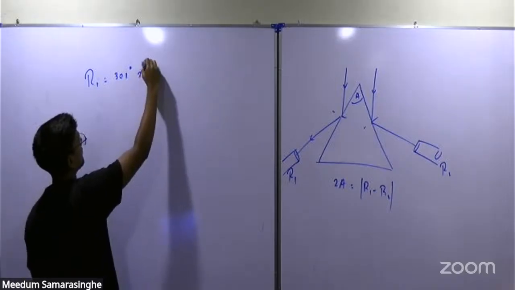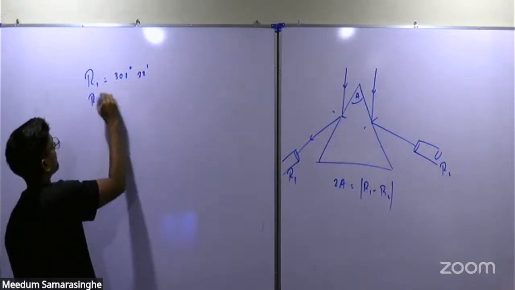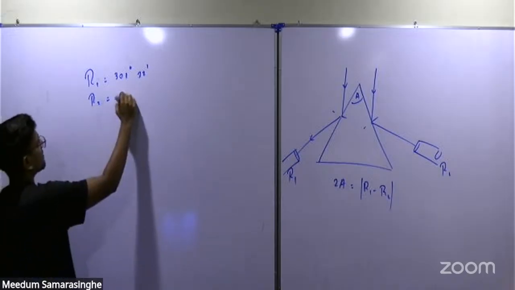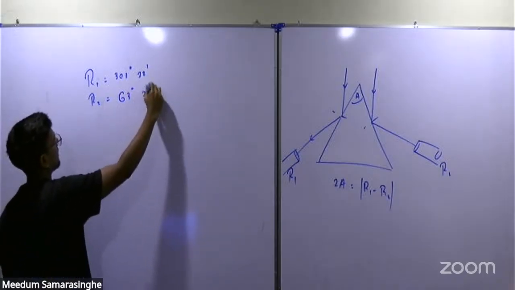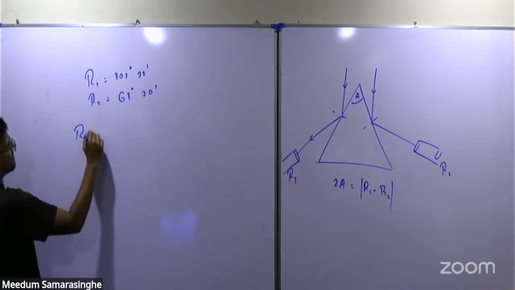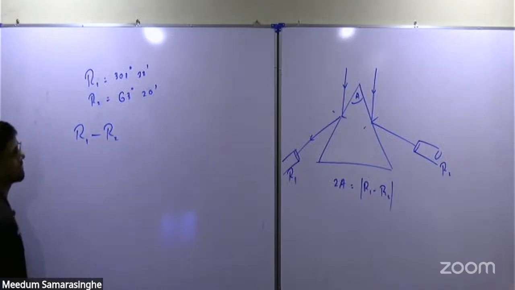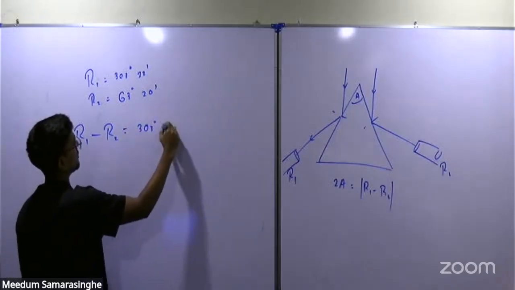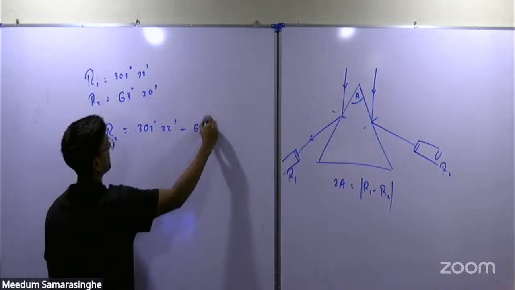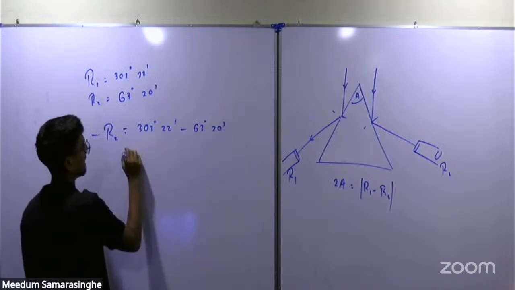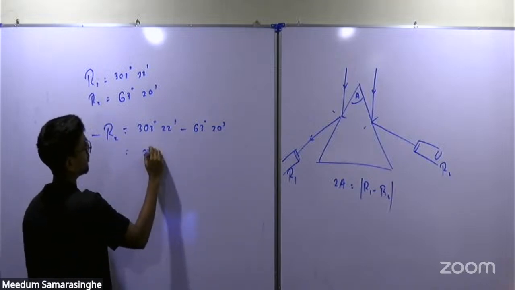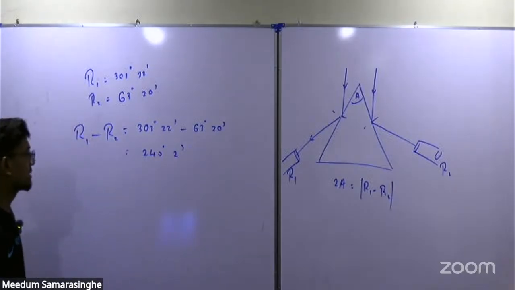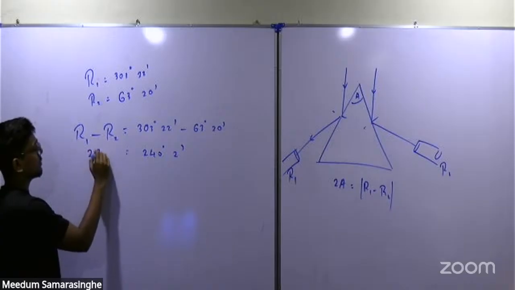R2 is 63 degrees 20 minutes. Now I'm going to take the difference, R1 minus R2. So what is the difference? 303 degrees 22 minutes minus 63 degrees 20 minutes is 240 degrees 2 minutes. So that is equal to 2A.